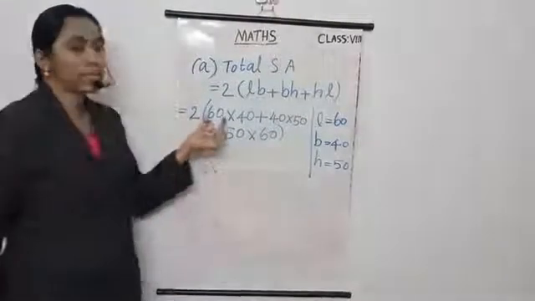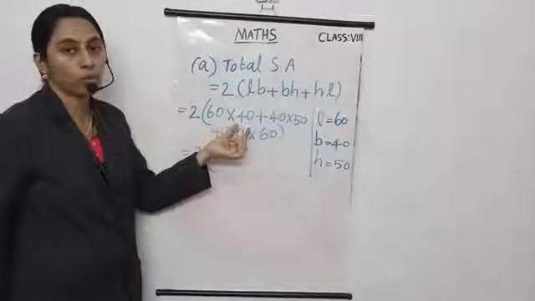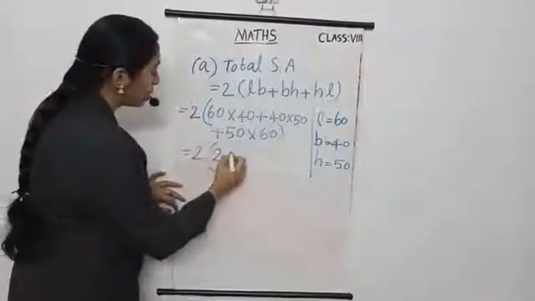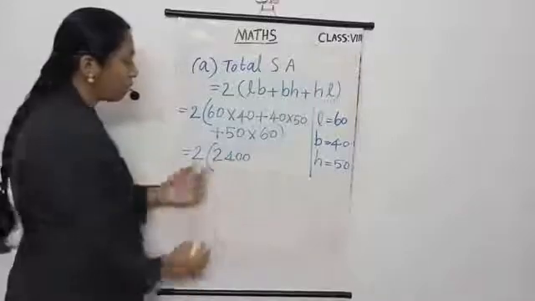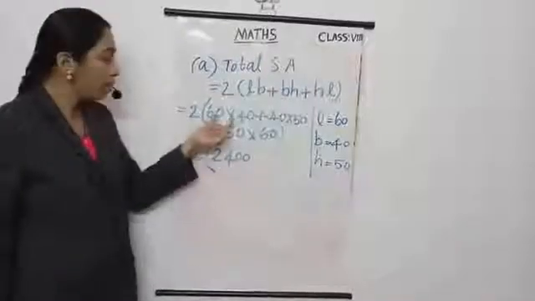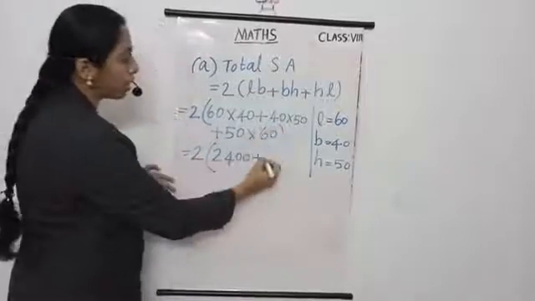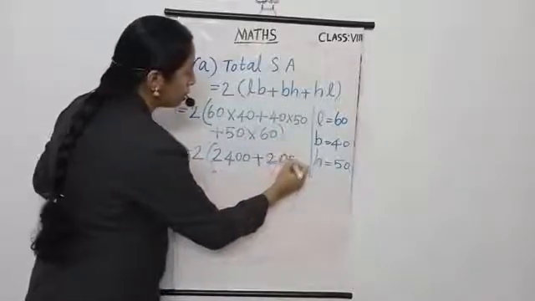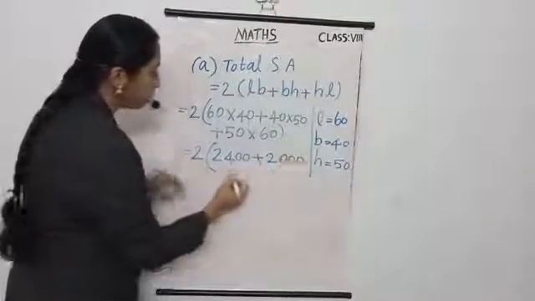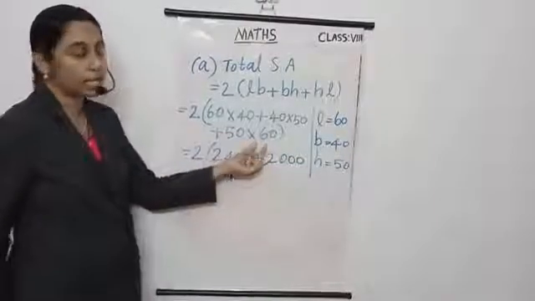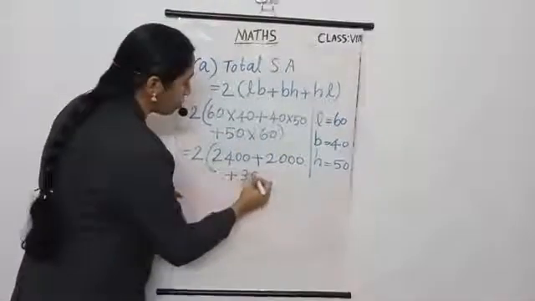Now multiplication. 60 into 40: 6 4s are 24, so this is 2400. From where are these two zeros? From here and here. Plus 40 into 50: 4 5s are 20, so this is 2000. Then plus 50 into 60: 5 into 6 is 30, so this is 3000.